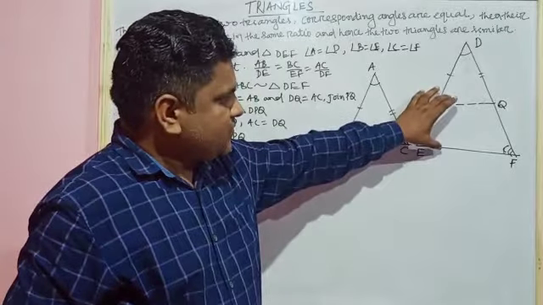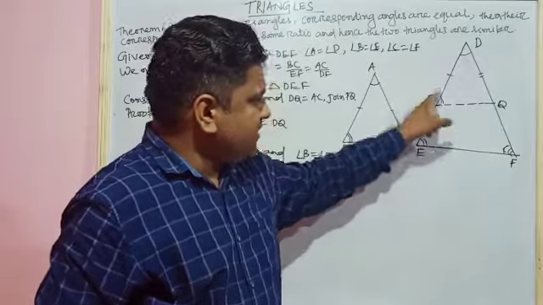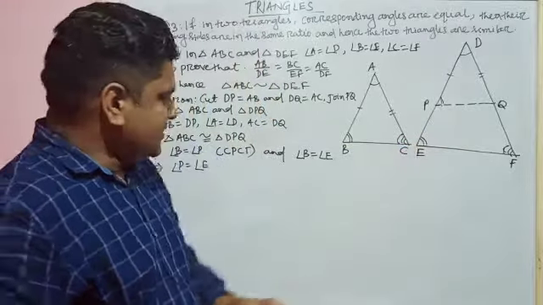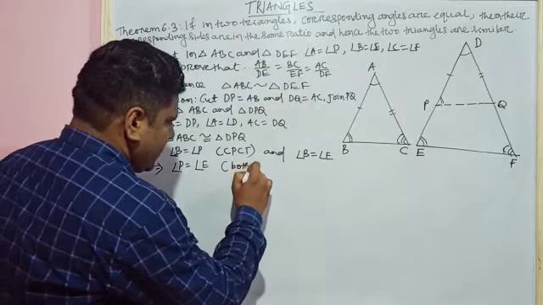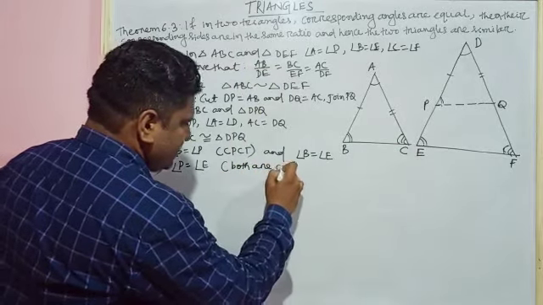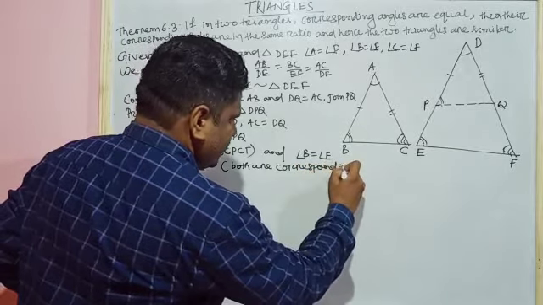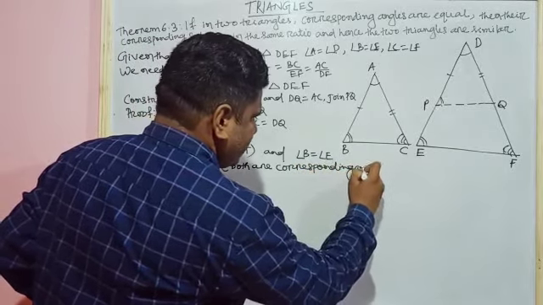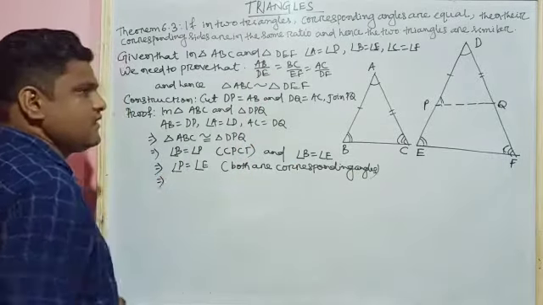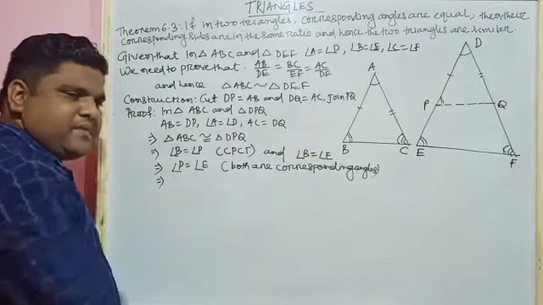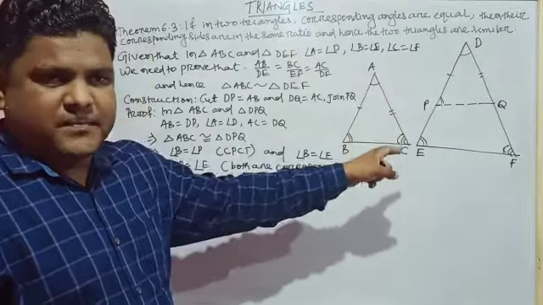These two are corresponding angles because here are two lines PQ and EF and PE is transversal. This implies that if a pair of corresponding angles is equal, then the two lines are parallel.